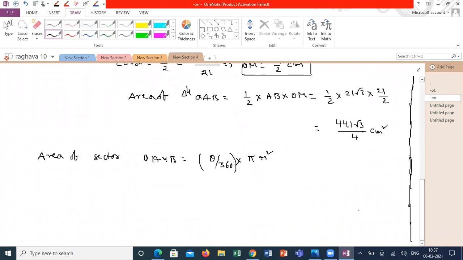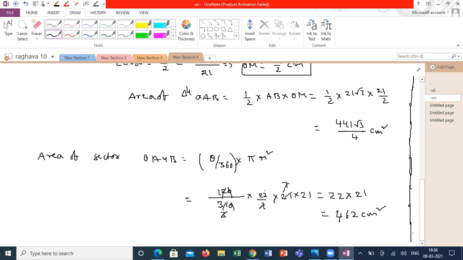Not confusing, sir. 120 divided by 360 into 22 by 7 into 21 into 21. So what is the answer? Area of the sector is how much? 22 into 21 is how much? 462? Yes, sir.